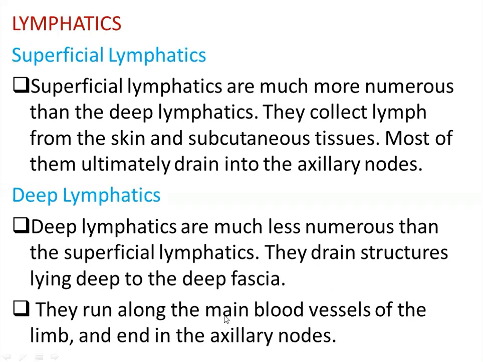They run along the main blood vessels of the limb and end in the axillary nodes. So both superficial lymphatics and deep lymphatics finally drain into the axillary nodes.